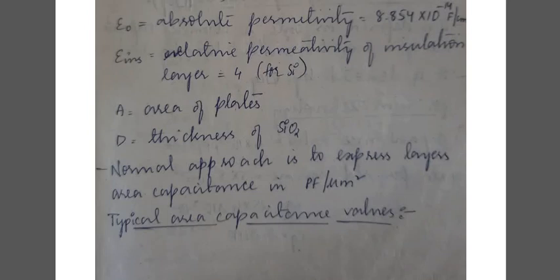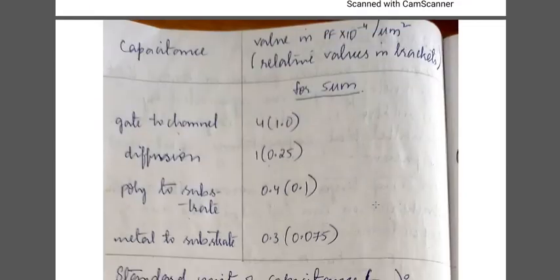So here I am giving the typical values of your capacitances. The typical values of the capacitance for 5 micrometer technology are given here. This capacitance will be found between the layers.